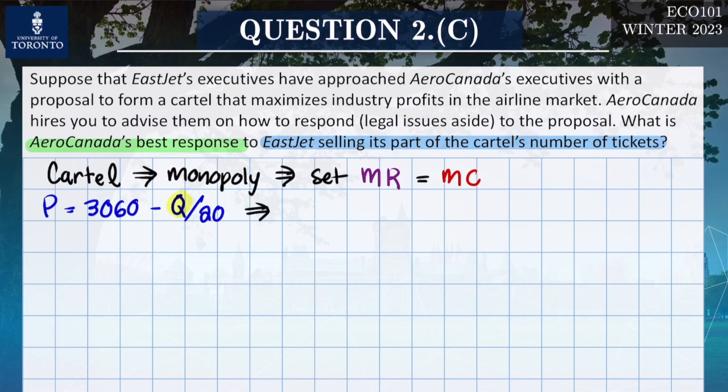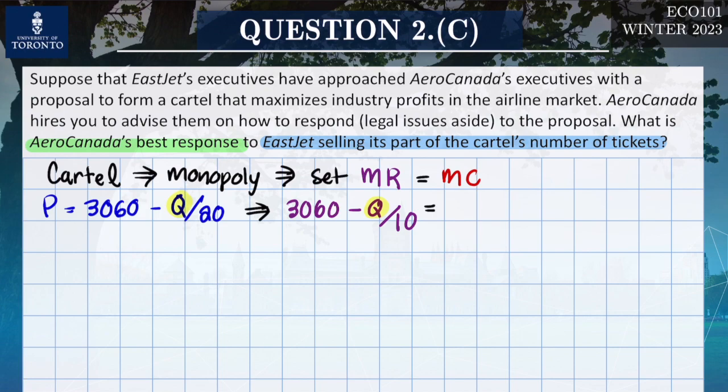So we'll just use the twice as steep rule to get our marginal revenue function. Remember, we'll get the same intercept. The only thing that is going to change is multiply the slope of the demand function by 2. So we get 3000 minus Q divided by 10 is the marginal revenue function for a monopoly.